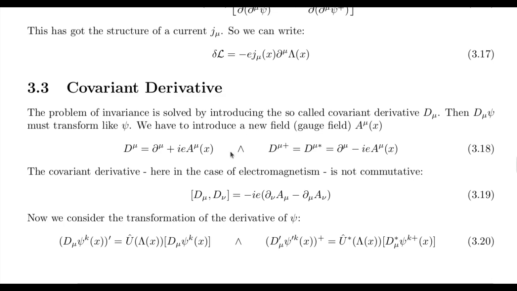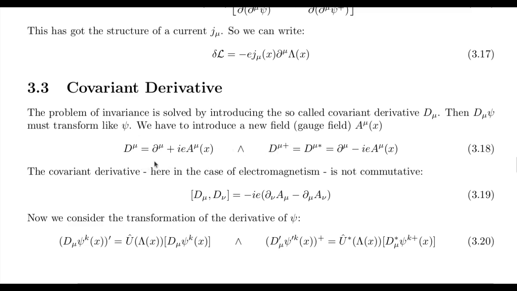The usual partial derivative is written by this d, and now we want to write the covariant derivative by a capital D. The covariant derivative is defined here in 318.